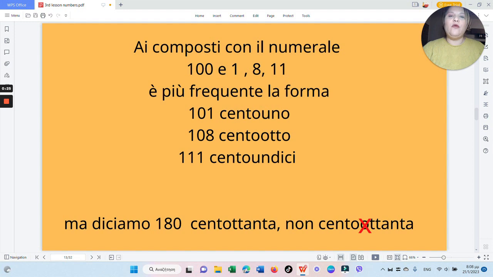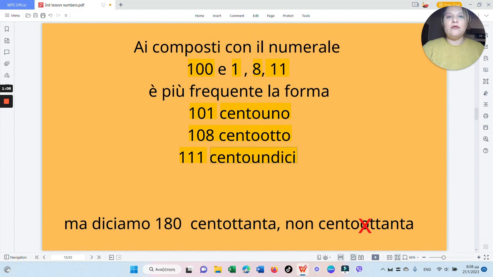Now, I said before 101 and not with the vowel dropped, like when I said 91 or 98 before, because when I have 100 and numbers 1, 8, and 11, I don't want to eliminate the last vowel. 108, 111.